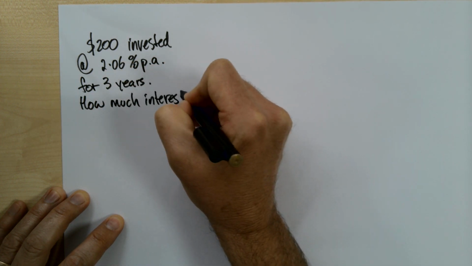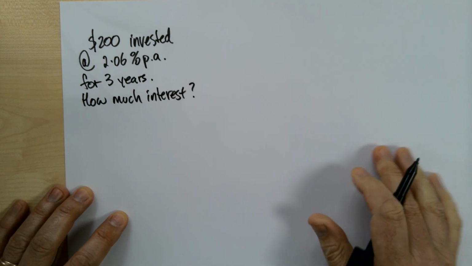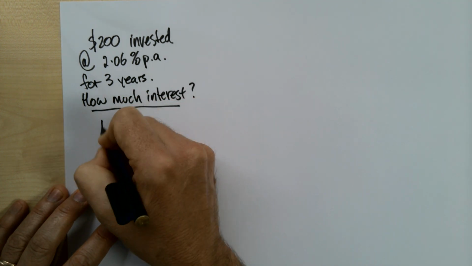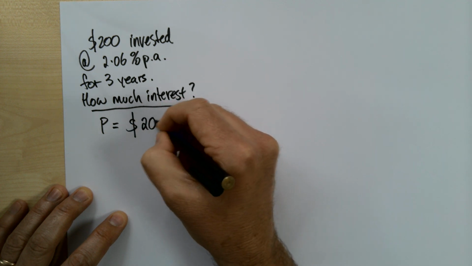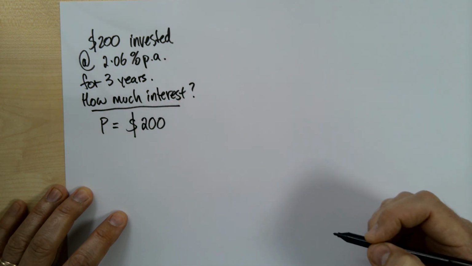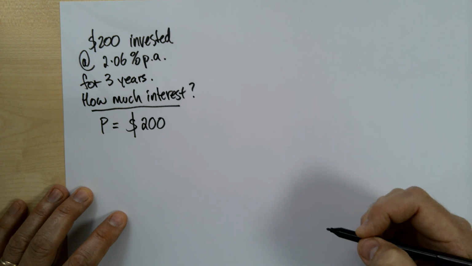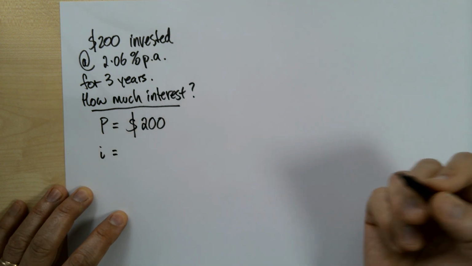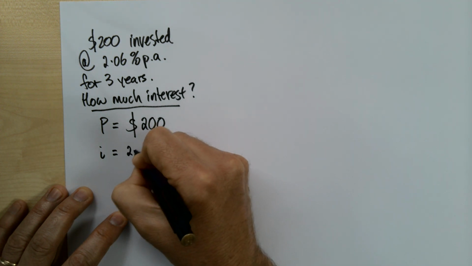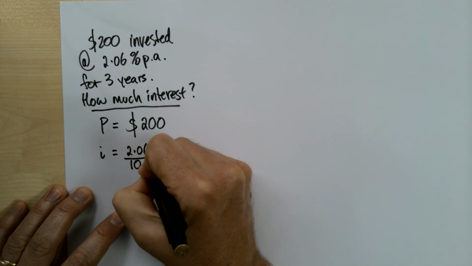Okay, so P is the original starting amount, which kicks it off at $200. Little i is the bank interest rate divided by 100, so it's 2.06 divided by 100.